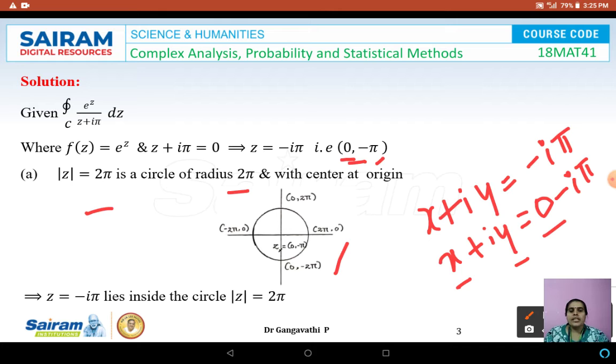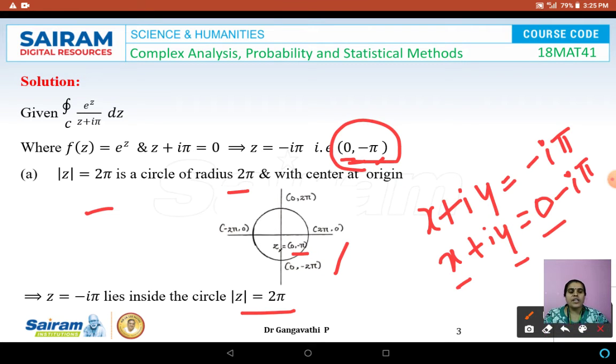Whether it lies inside or not is very clear from the graph: the point (0, minus pi) lies inside the circle mod z equal to 2 pi. Hope you have understood this.